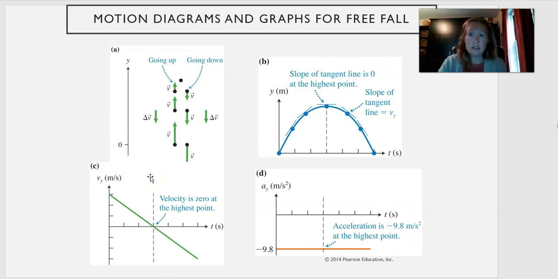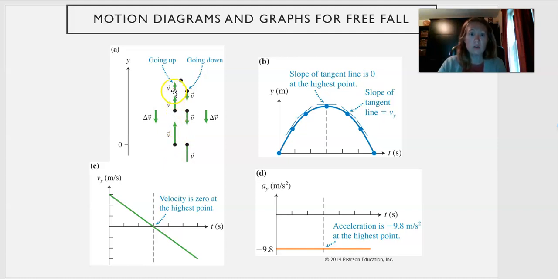Here, this is again defined, all these graphs are showing with up being positive, down being negative. And so you can see a motion diagram of something that has been thrown upward with a great velocity. That's what this long V vector stands for.